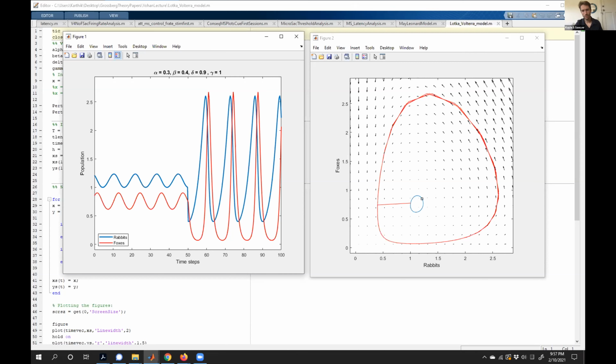Is this an example of a center, because it's not spiraling outward or inward? We shouldn't talk about centers here, because we have perturbed the system. It's not a center. We don't know whether it is attractive or dissipative.